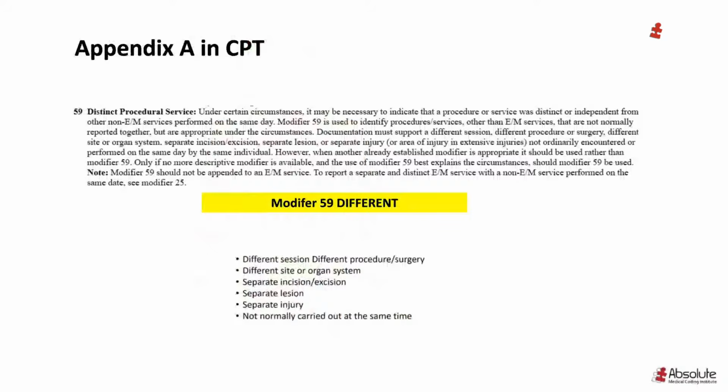And where do you get this language from, Mrs. J, about a different modifier? Well, I got it in Appendix A. In Appendix A, they define all of the modifiers, and I'm always referencing modifier 59 just to make sure, but I clarified it for you.